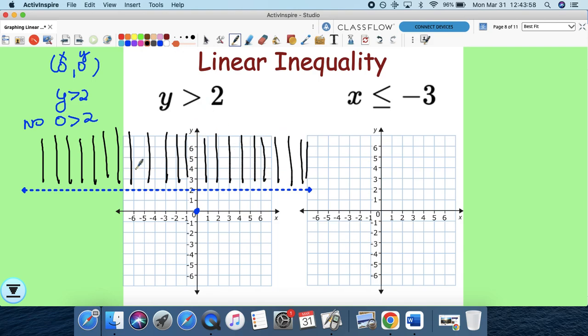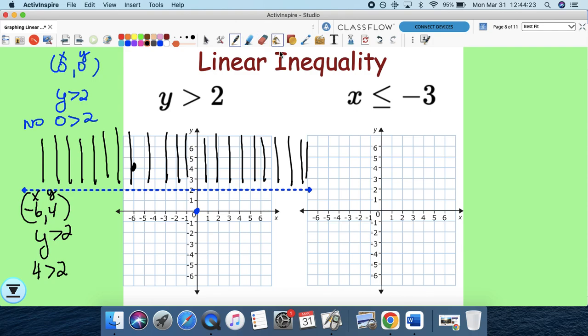Let's pick one random one right here. That point is -6, 4. Let's plug it into the inequality y is greater than 2. This is my x and this is my y. The y value is 4, and 4 is greater than 2, and that's true. So that makes the shaded region above the line the solution to this particular inequality.